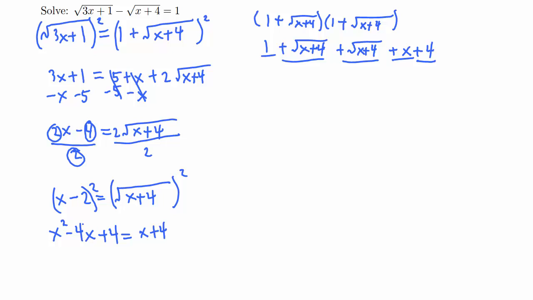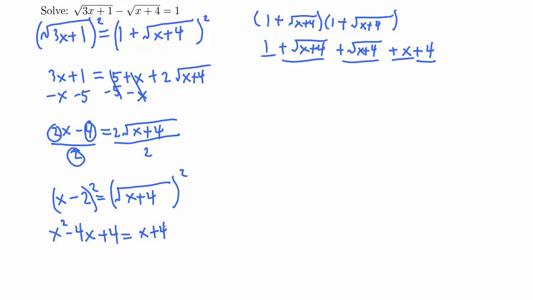Whenever I do it in my head, I'm going to show you how I do it. So I take this x here and I square it. Well, that just gives me x squared. Then I take this 2 and I square it, and that's going to give me the 4 out here. Make sure you leave some space though, because then you have to multiply these two together. X times negative 2 is negative 2x, and then double that gives you negative 4x. That's how I do that in my head.